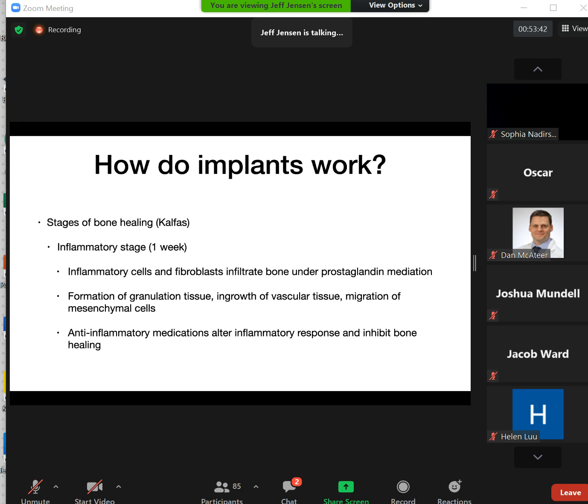So there's this idea out there in some circles that anti-inflammatory medications may inhibit the bone healing. In my opinion, I still give people some ibuprofen after. I don't know that there's enough of an effect on bone healing to stop an implant from integrating.